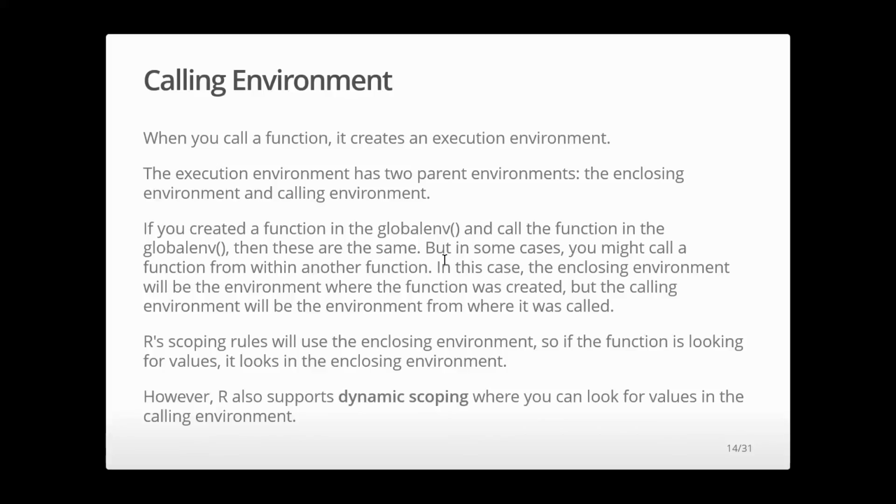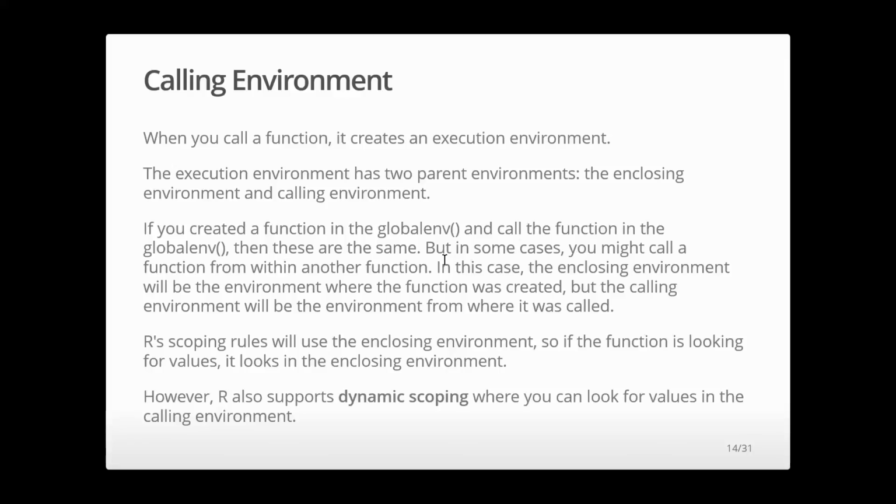That's your standard normal case. The scoping rules say start your search with the enclosing environment. So even if g is called from within f, and f has its own a, g is called from over here, it's going to start its search in the global environment.